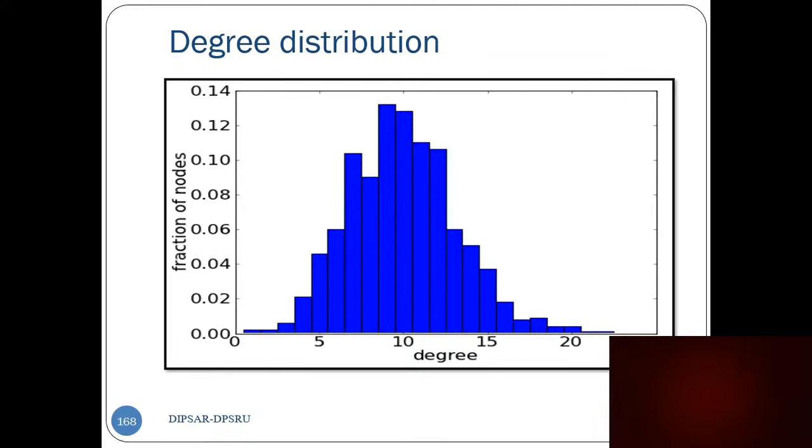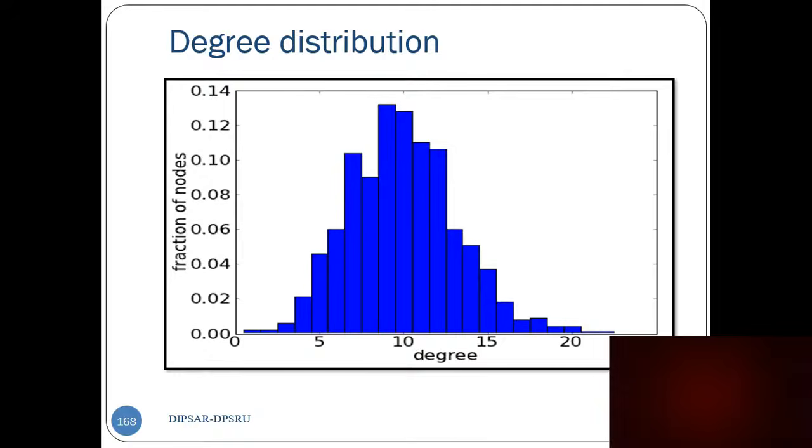Then you can plot the degree distribution as well, and with Cytoscape or these kinds of tools, or igraph, a Python or R package, you can create such graphs. What is the purpose of this graph?